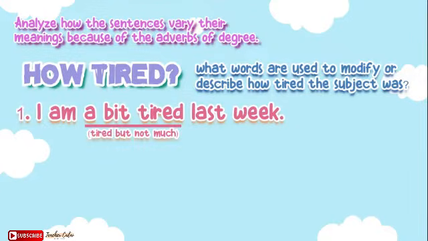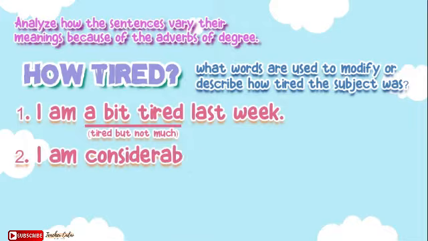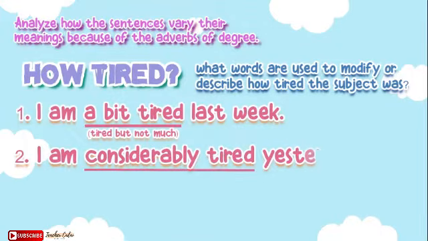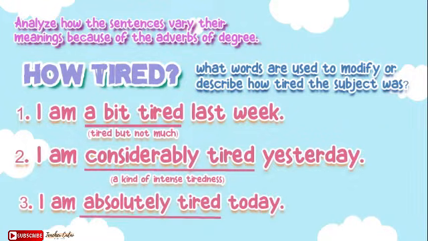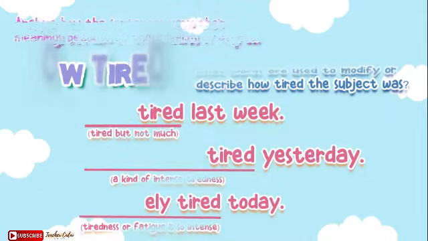A bit tired means tired but not much. The second one is I am considerably tired yesterday. Considerably tired means a kind of intense tiredness. And the last one, I am absolutely tired today. Absolutely tired means tiredness or fatigue is so intense.